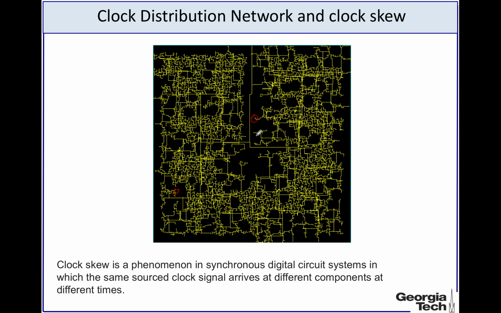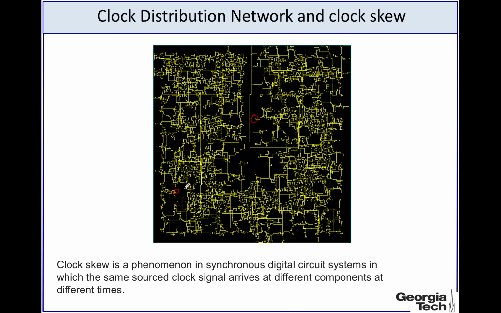The purpose of the clock distribution network is to make sure that the total path that the clock signal traverses as it goes to this block and to this block is the same, so that the clock signal arrives at both blocks at the same time.